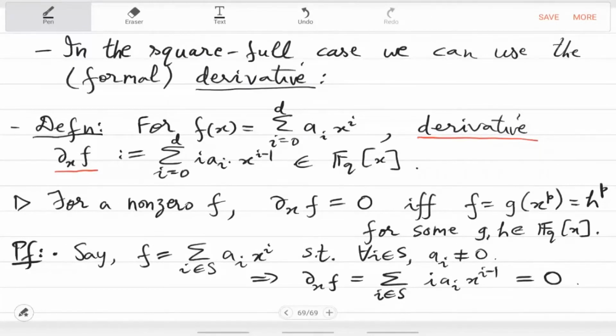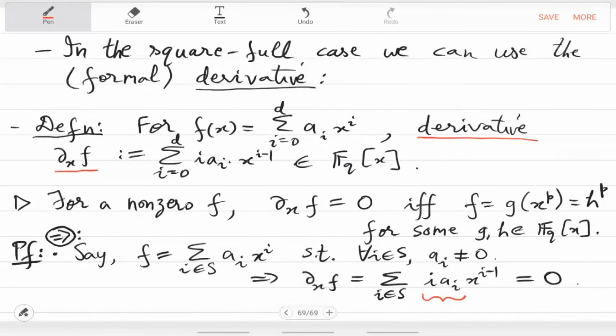So we are looking at the forward direction. We are assuming that the derivative is 0, which means that, look at this part. This a_i was non-zero in F_q, but i times a_i is 0 in F_q, which means that i is 0 in F_q, but i is a number, so p divides i.